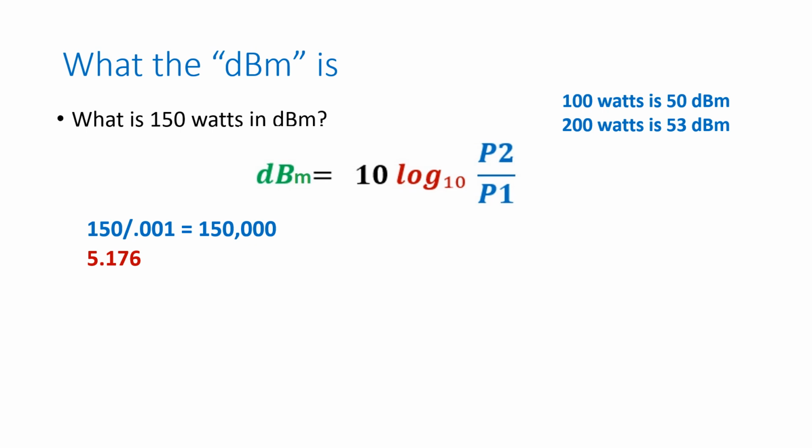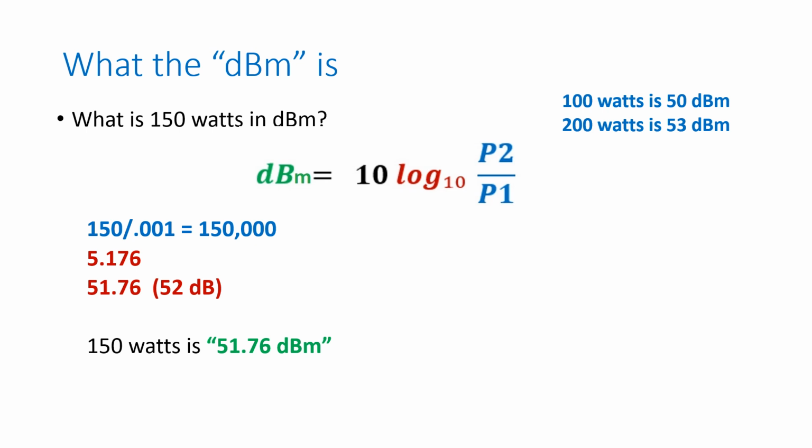Take the log. 51.76 dBm. We probably would just say 52 dB. But the point is, notice that it's not 51.5, although you should also notice that the estimate of 51.5 was not off by very much.